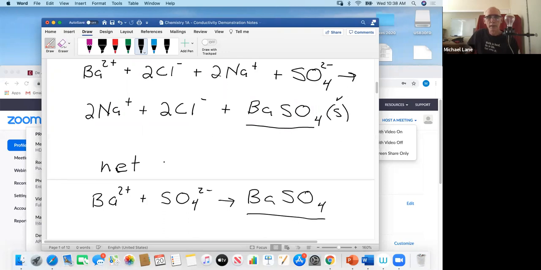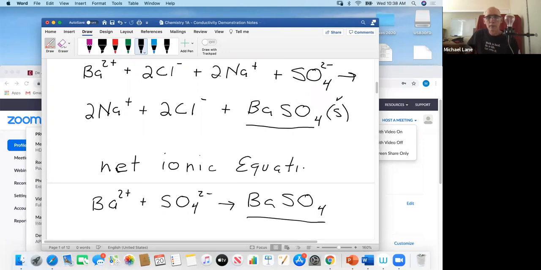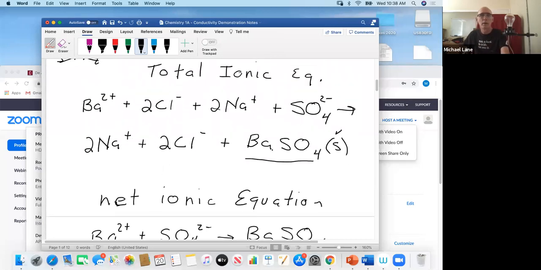This is the net ionic equation, because it has eliminated these ions that are on both sides.